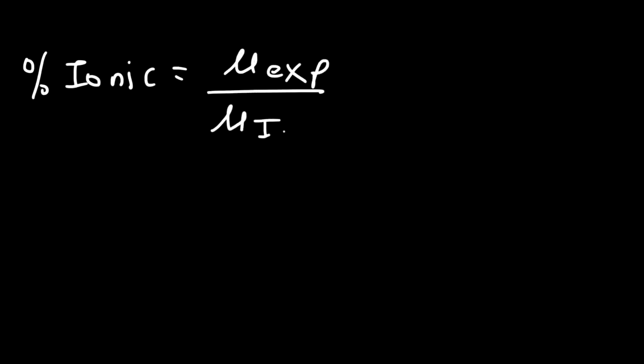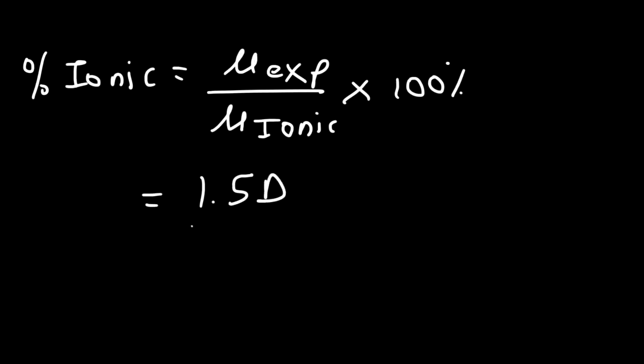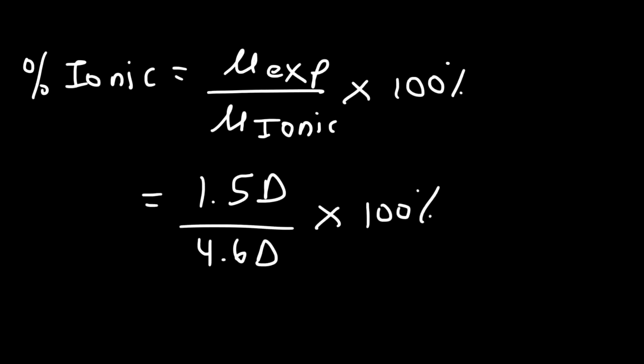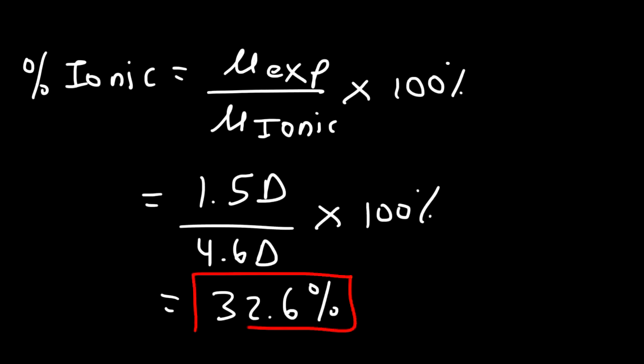So the percent ionic character is going to equal the experimental or the observed dipole moment divided by the dipole moment if there were pure ions times 100%. And so that's going to be 1.5 debye divided by 4.6 debye times 100%. And so I got 32.6%. So that's the percent ionic character of the OH bond based on the information we were given.